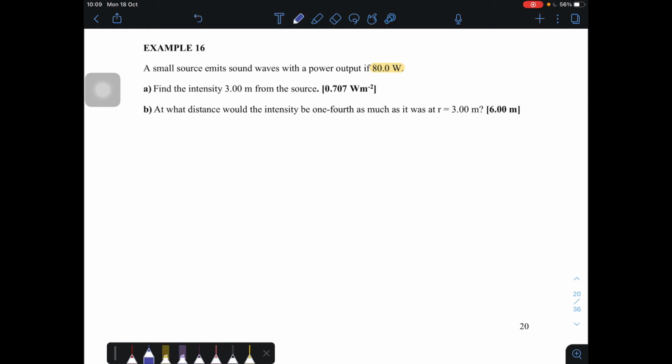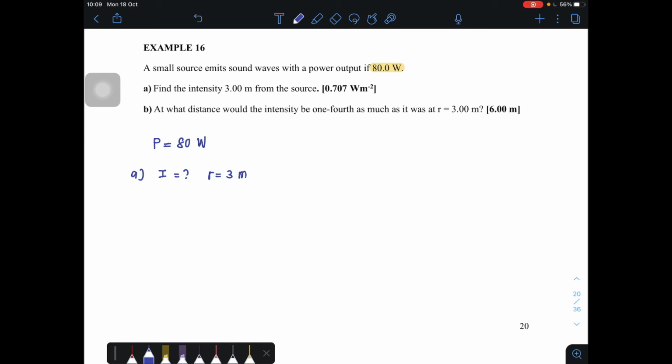Okay, so we are given the value for power, 80 watt. And then first question, we want to find the value for I when R is equal to 3 meter.